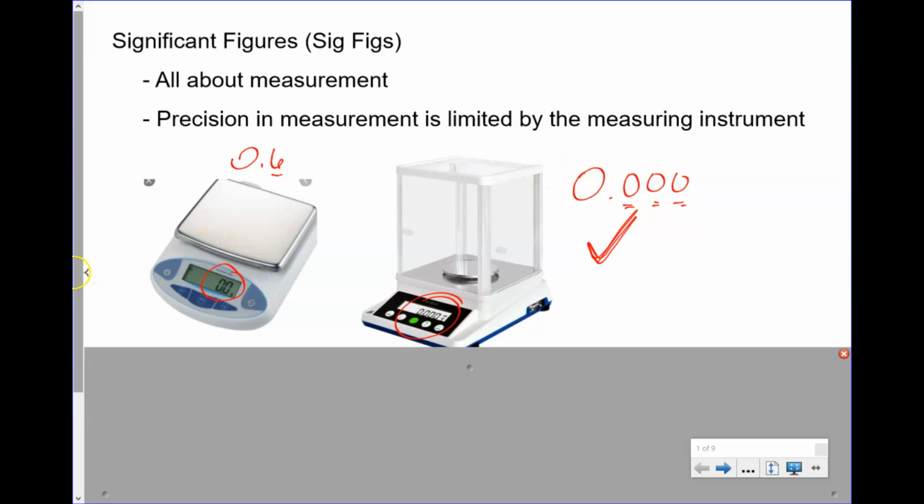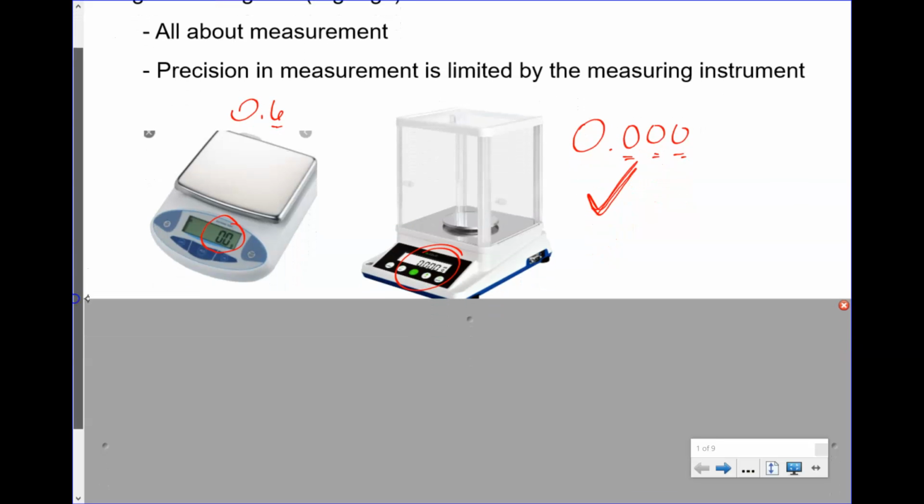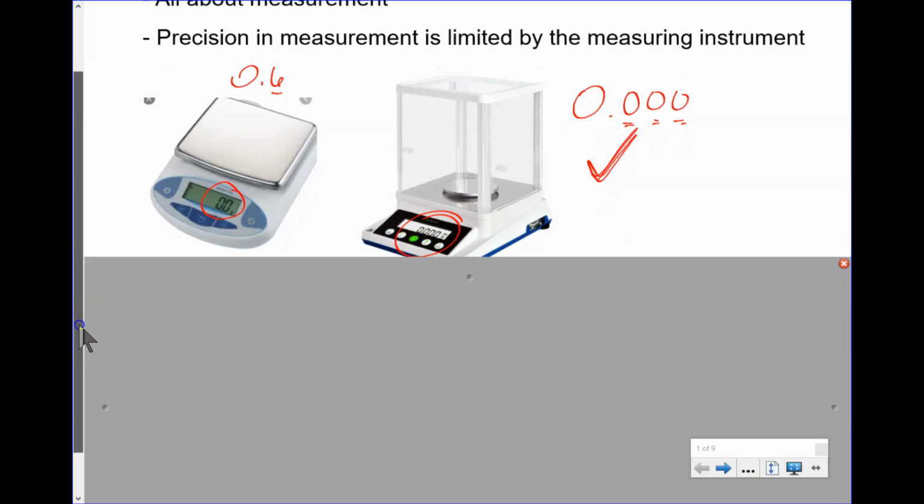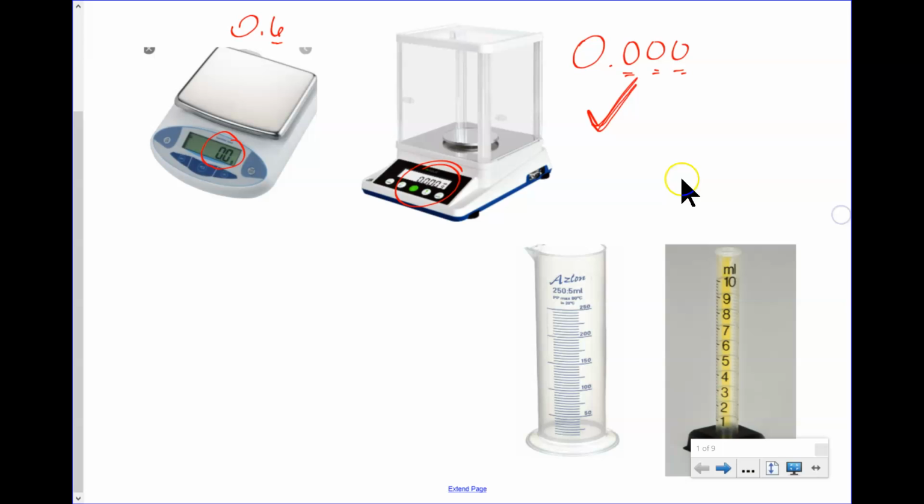Another example of that, and you'll see how this plays into the sig figs shortly: if we've got two graduated cylinders, you've got this cylinder here on the left. It's a larger one, and if you look at the increments it's using to measure, each one of these increments is 50, but if you zeroed in and really analyzed, you would see that each one of those dashes represents 10 milliliters.